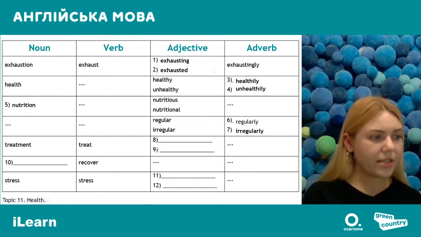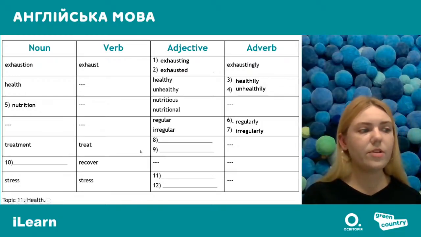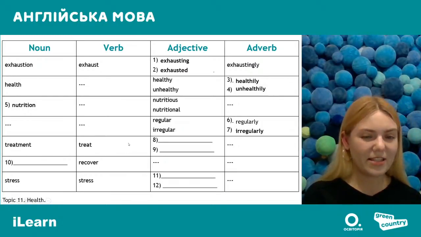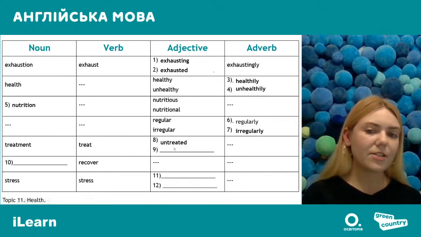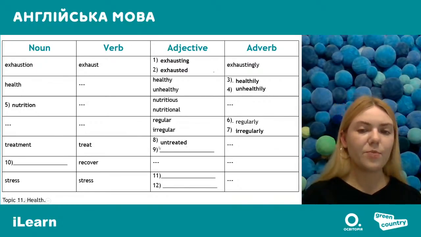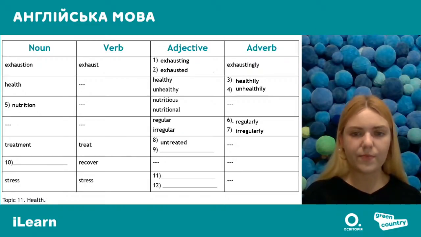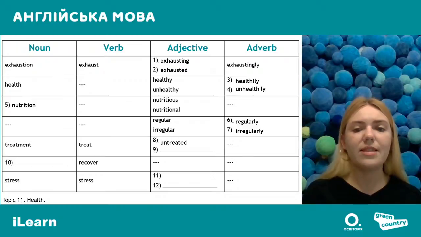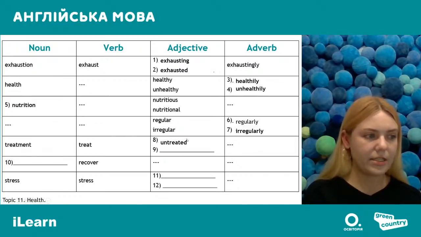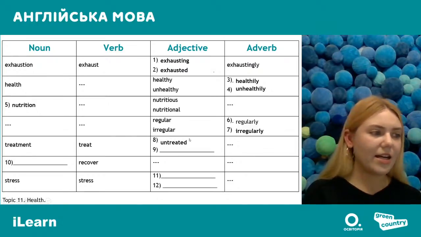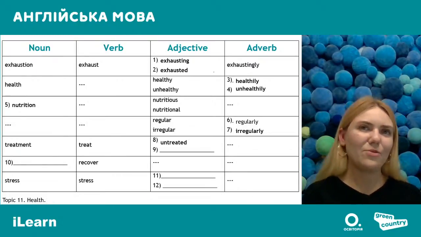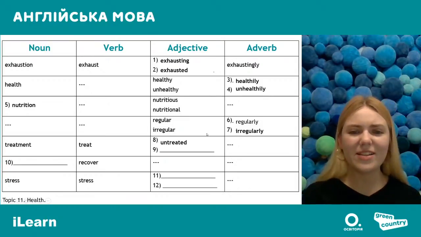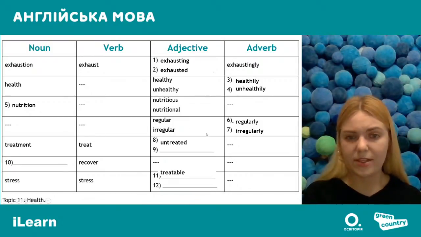You say number 8, treated. Yes, possible. Treatment, that is noun. Цей іменник буде. Or we can say treated or untreated. So treated – пролікований, untreated – не пролікований. Да, якась хвороба, якась проблема, яку ви не лікували. So it is untreated. Treating – лікуючий, possible. Yeah, we can use it to talk about a doctor, maybe. It's not commonly used, but it's possible, yes.